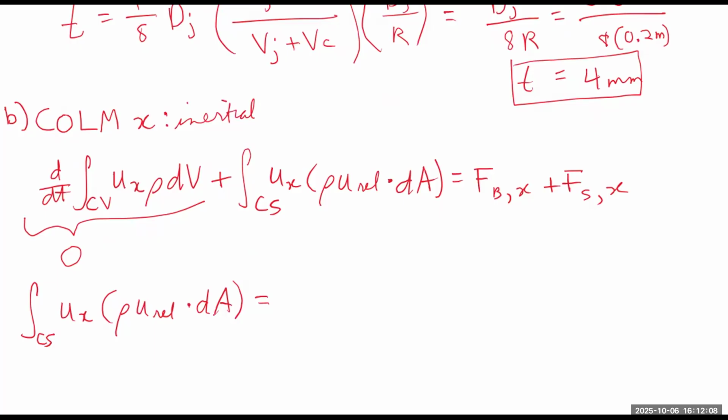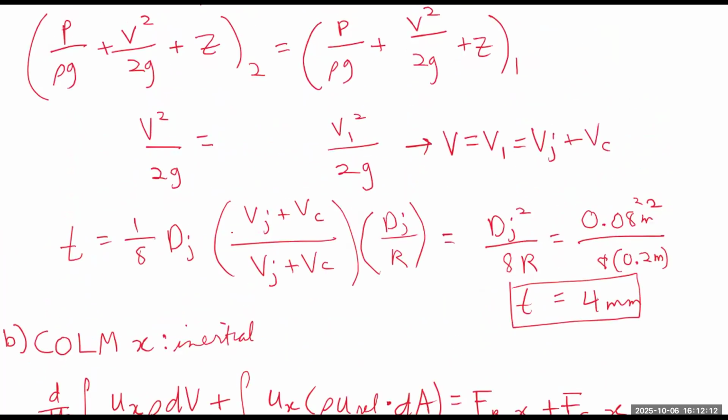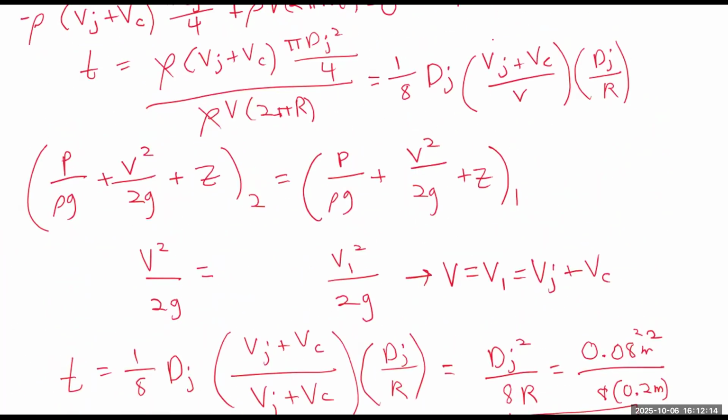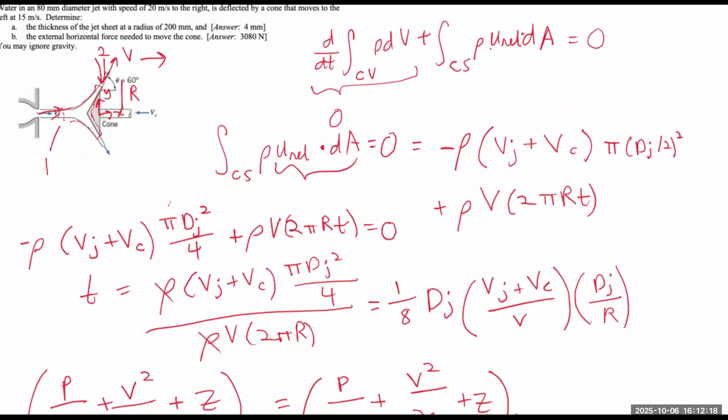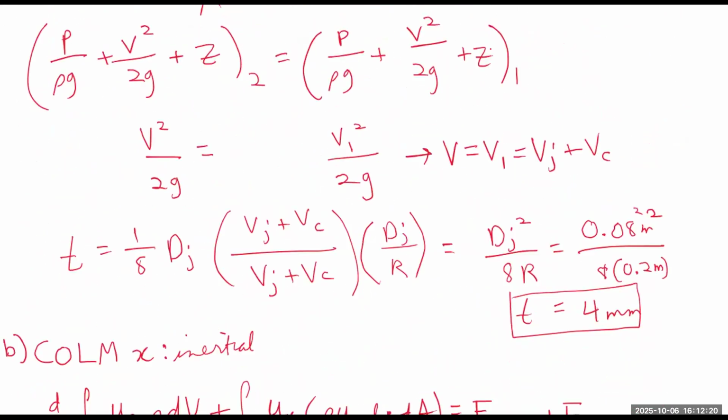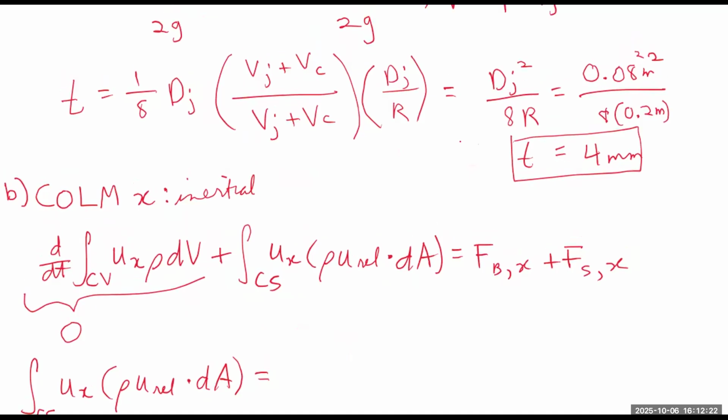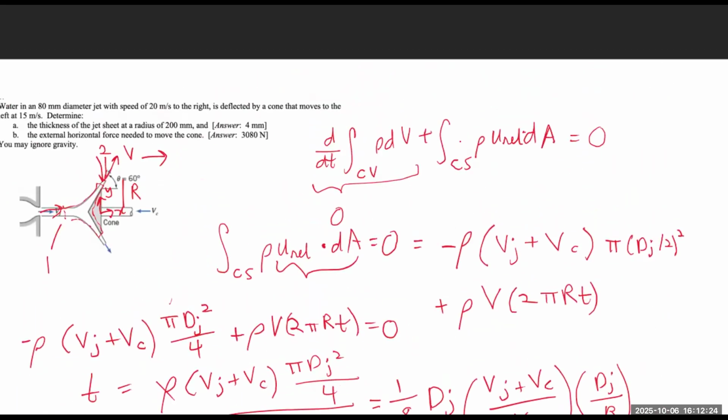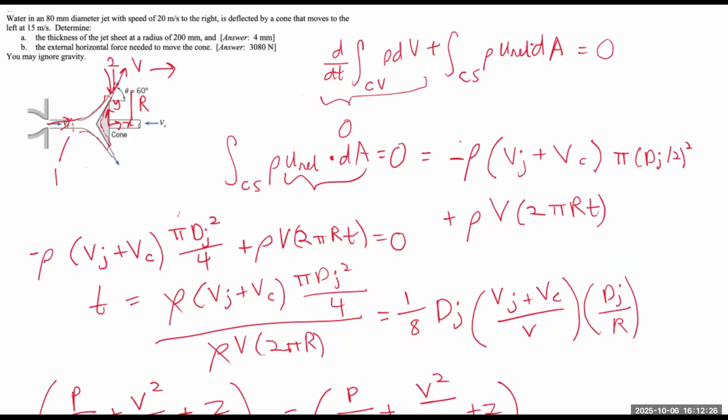Well, ux at the inlet is equal to Vj plus Vc, as we saw. And this ux, which is at the inlet, is relative to the control volume frame.